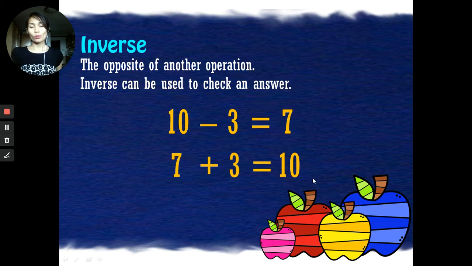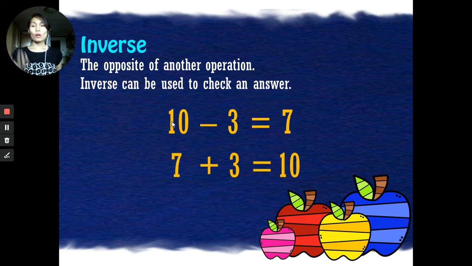So that shows that our answer is correct because 7 plus 3 is 10. If our answer here is 6, let's say 6, and we try to check our answer using the inverse, 6 plus 3 equals 9, right? So since 9 is different from the minuend over here, then our answer is wrong. So that's how we use inverse in checking our answer.